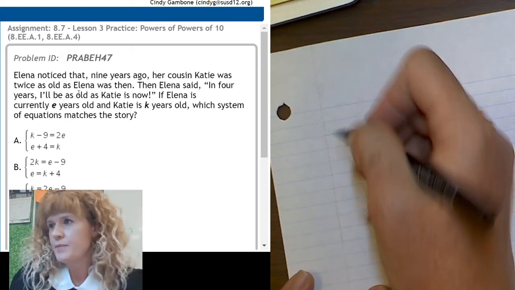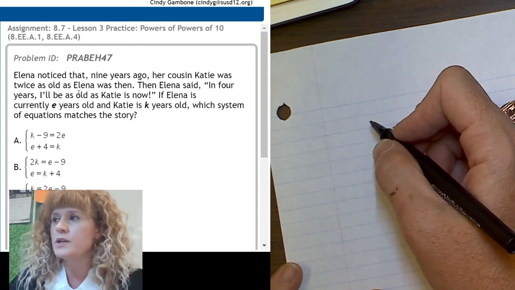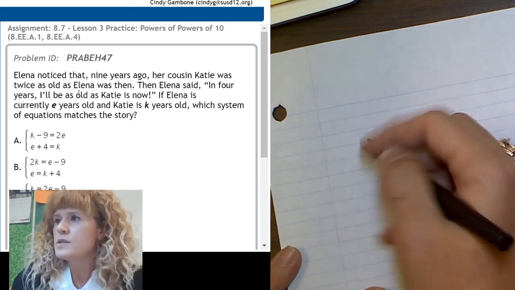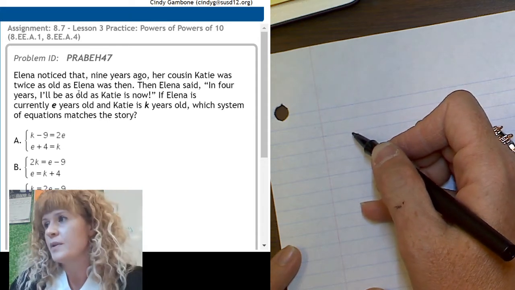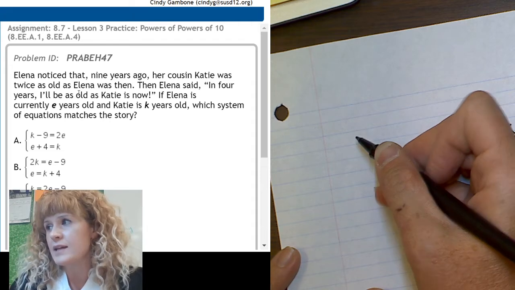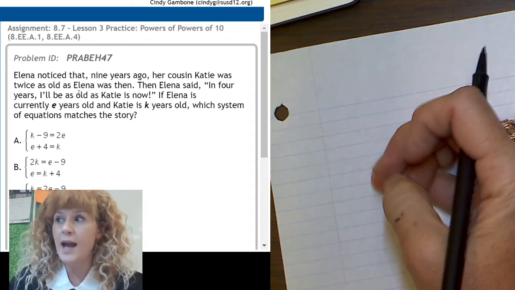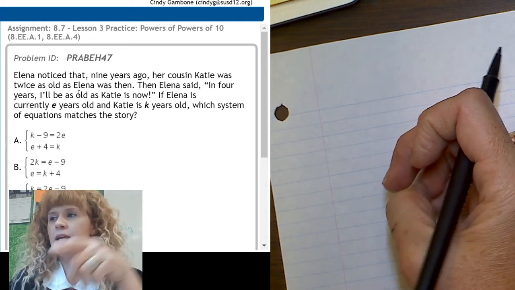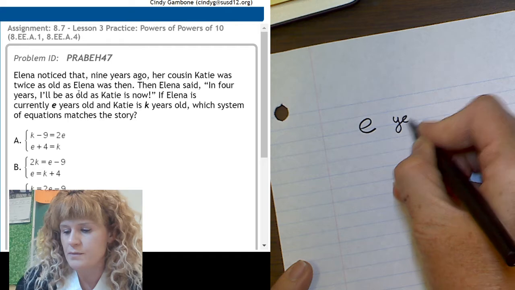Really quickly. Elena noticed that 9 years ago, her cousin Katie was twice as old as Elena was then. That was 9 years ago. Then Elena said, in 4 years, I'll be as old as Katie is now. If Elena is currently E years old, write that down.